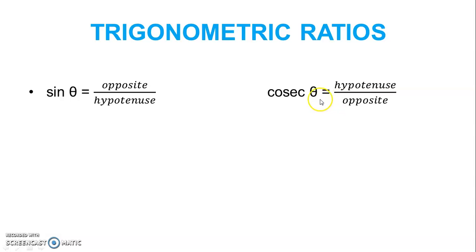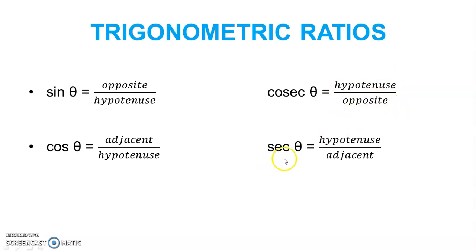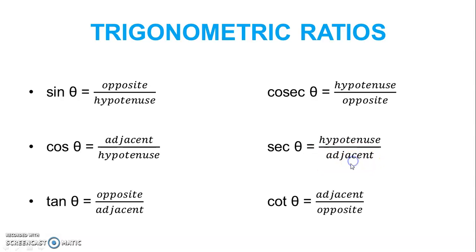As cosecant theta is the inverse of sin theta, we can write cosecant theta as hypotenuse divided by opposite. As secant theta is the inverse of cos theta, we can write secant theta as hypotenuse divided by adjacent. And as cot theta is the inverse of tan theta, we can write cot theta as adjacent divided by opposite.